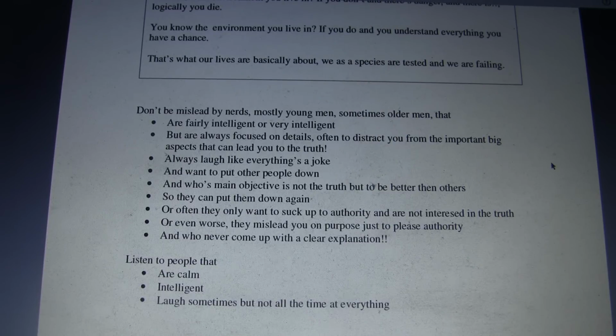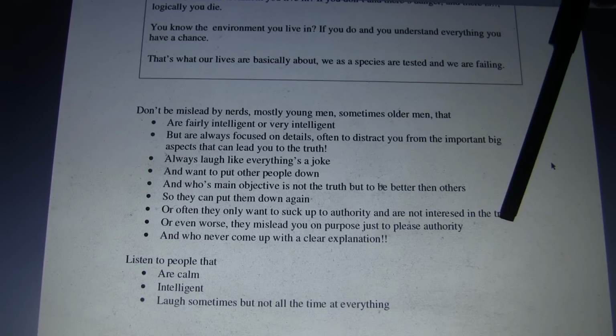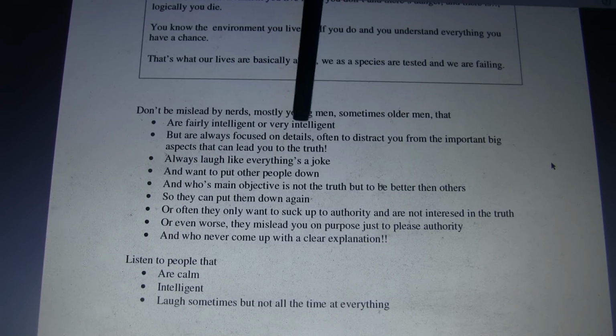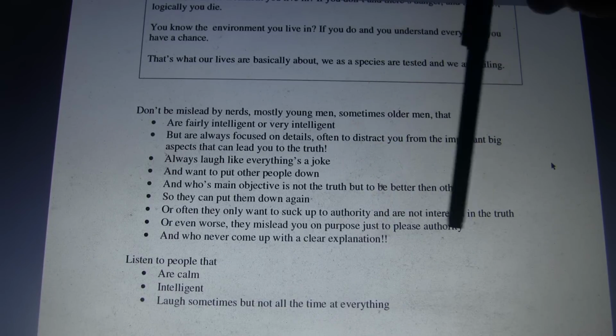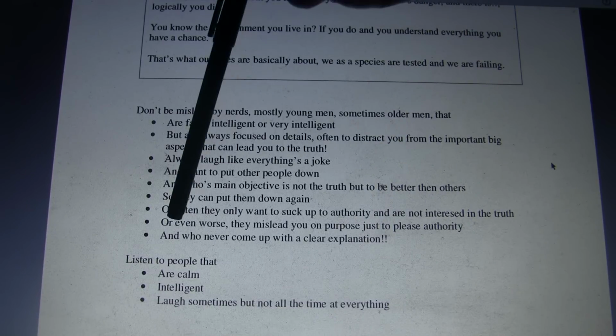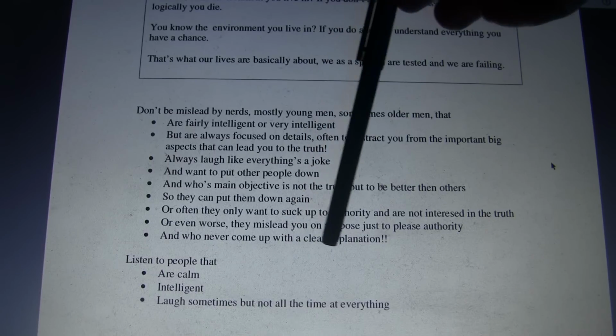That's what they think is important. Be better than other ones. Or often they only want to suck up to authority and they're not interested in the truth. Also happens a lot. Or even worse, they mislead you on purpose, like Neil deGrasse Tyson, just to please authority, or they work for them. And they never come up with a clear explanation.